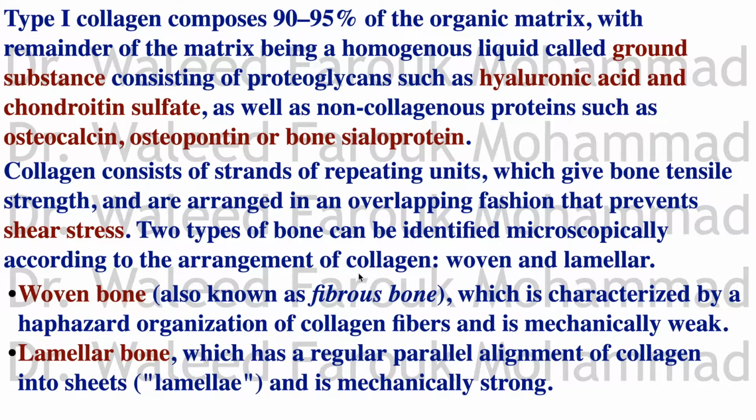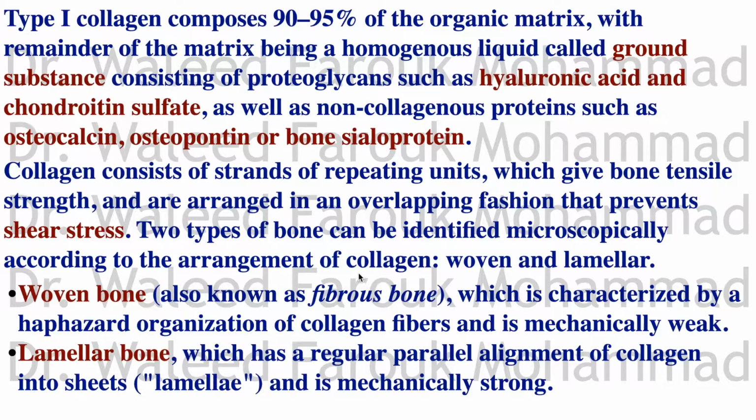Now, type 1 collagen composes 90 to 95% of the organic matrix, while the remainder of the matrix, as we said before, is a homogeneous liquid called ground substance, which consists of proteoglycans such as hyaluronic acid and chondroitin sulfate, as well as non-collagenous proteins such as osteocalcin, osteopontin, and bone sialoprotein.